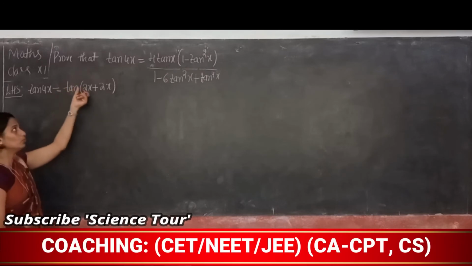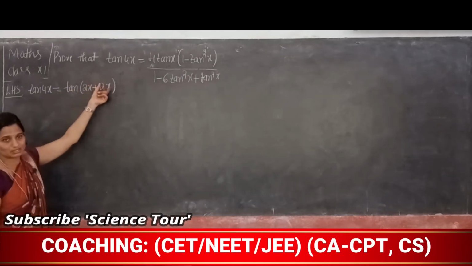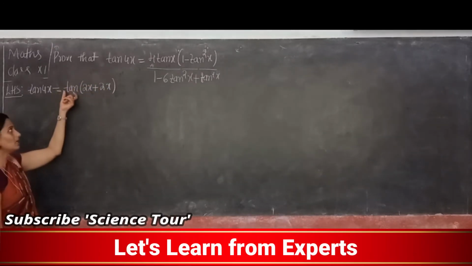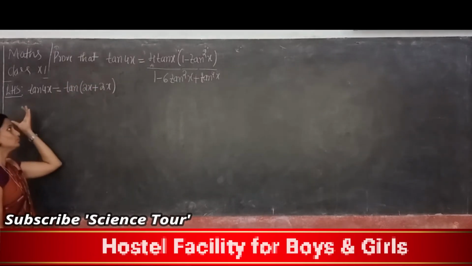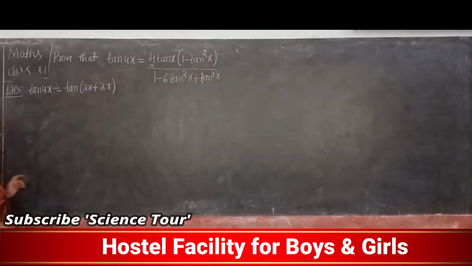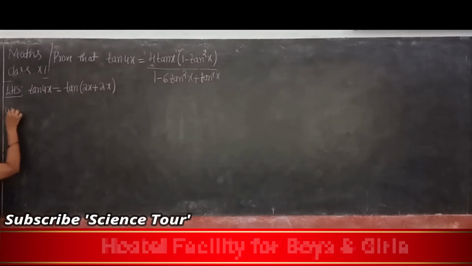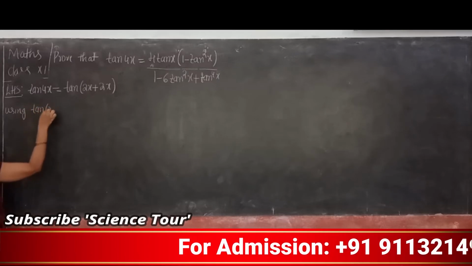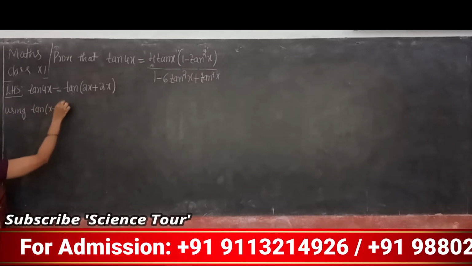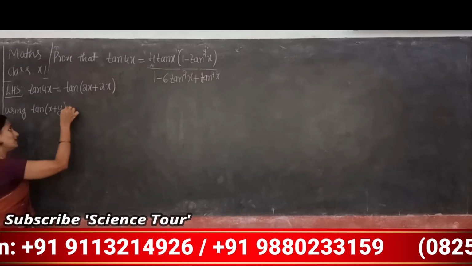Now see, read this. Tan of 2x plus 2x, which formula is it? Tan of x plus y. So we should write using the formula tan x plus y. So tan x plus y is what?